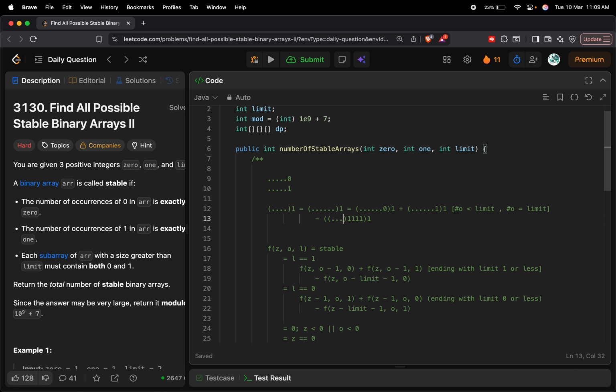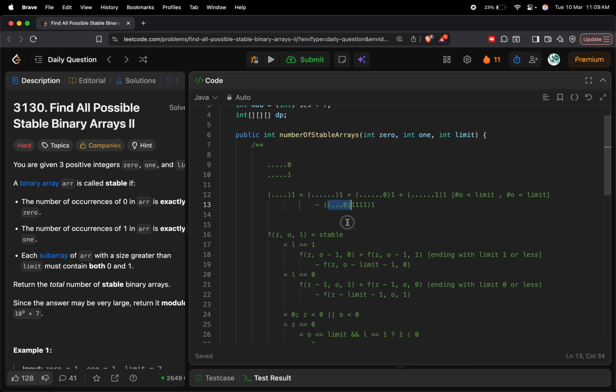It has to end with 0. Whatever I've explained, I can write in terms of the recursive relation.